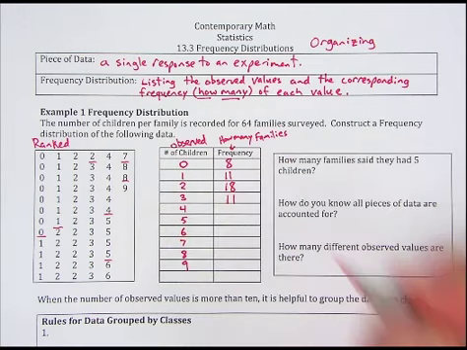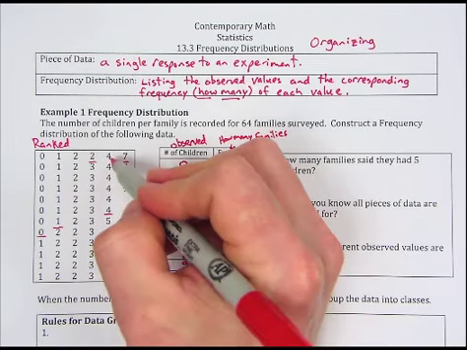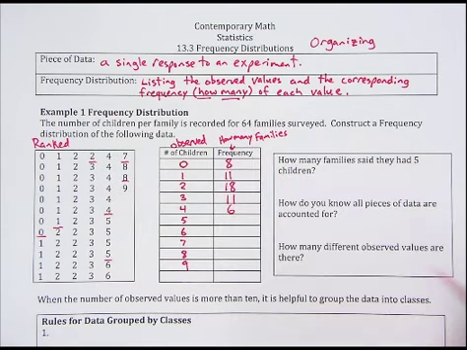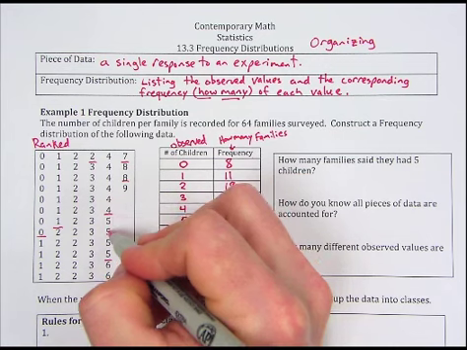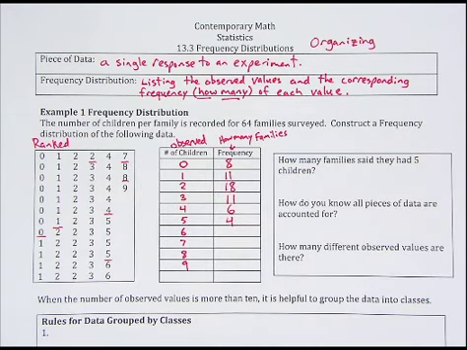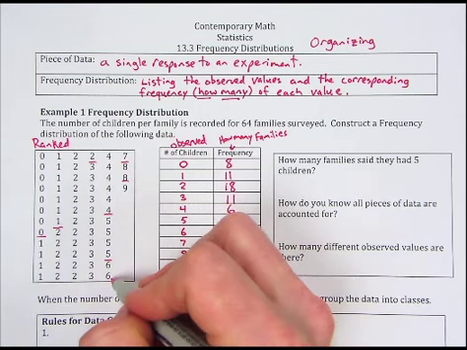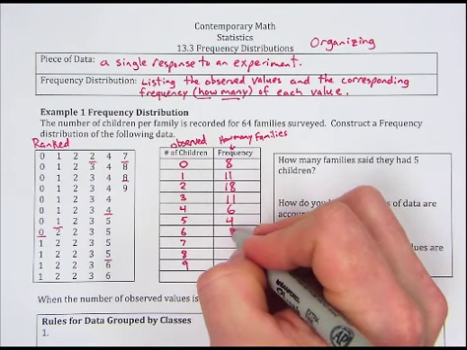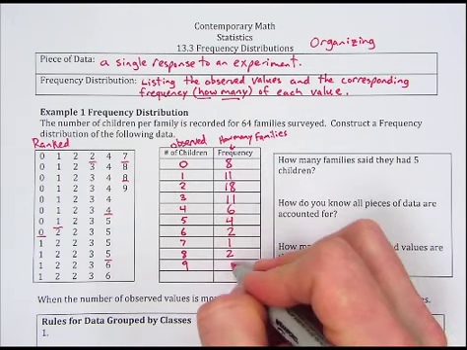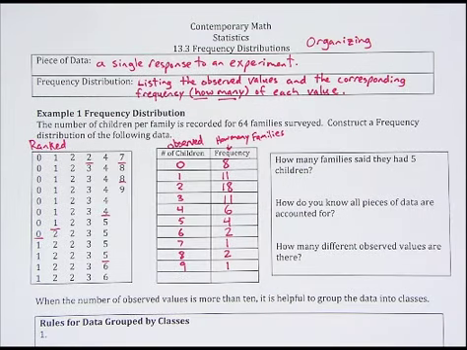I got 11 for 3. 6 for 4. Okay, 4 families said they had 5 children. 2 families said they have 6 children. There's 1 family for 7, 2 for 8, and 1 for 9.